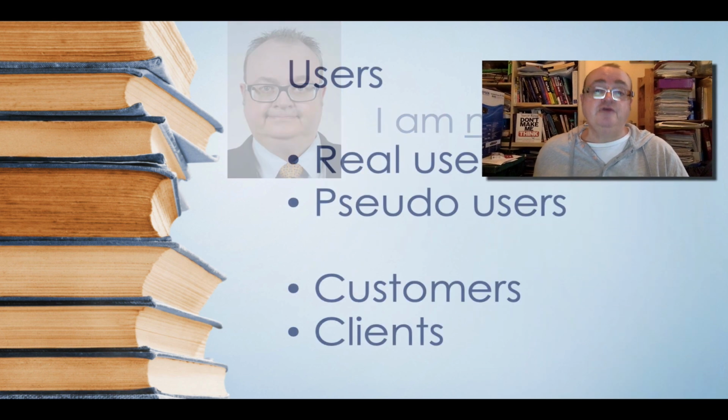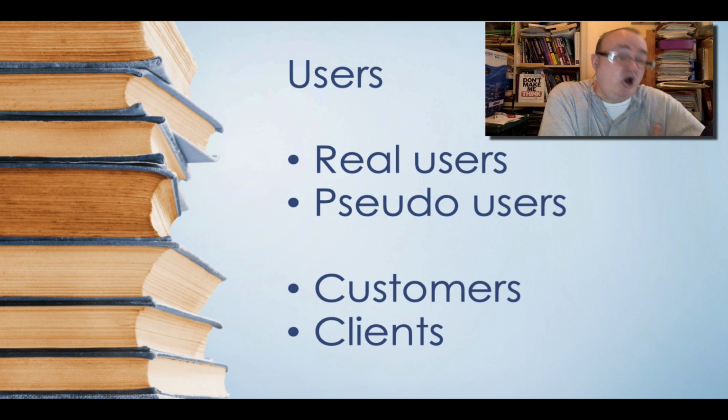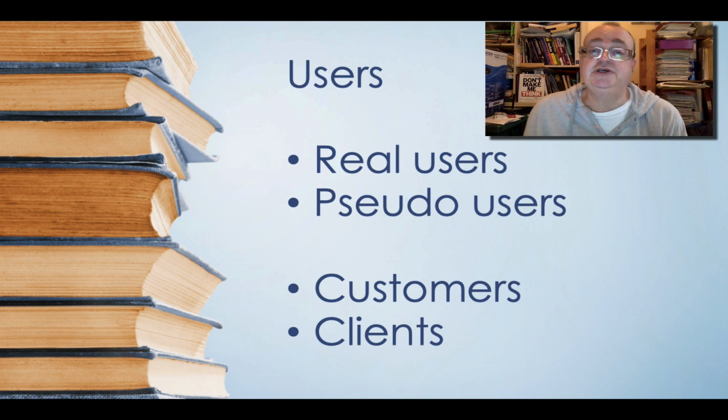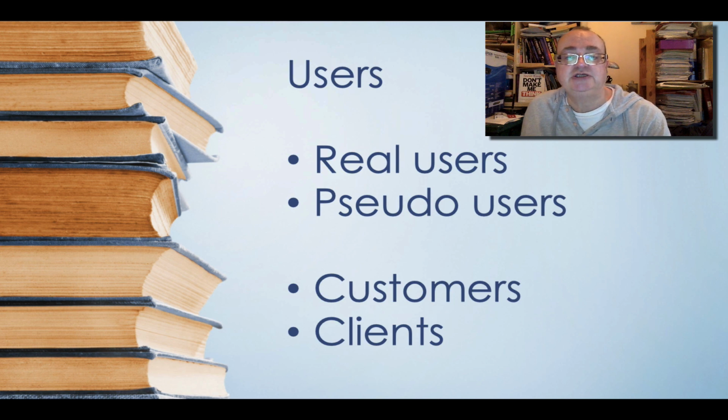Now, when I say users, there are really 2 kinds of users that are relevant for your assignment. Real users, which are people who would actually use this kind of product. If you can't get to real users for whatever practical or ethical reason, you can use pseudo users. Pseudo means fake, and normally pseudo users are other people in your class who are working on a different interaction design product.